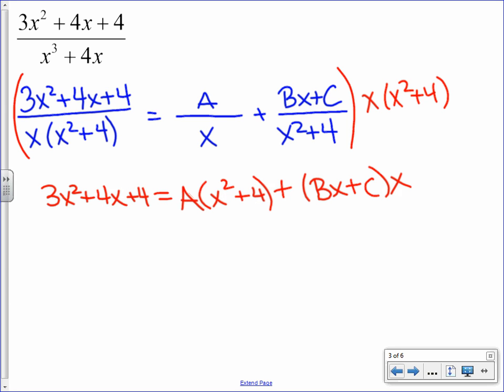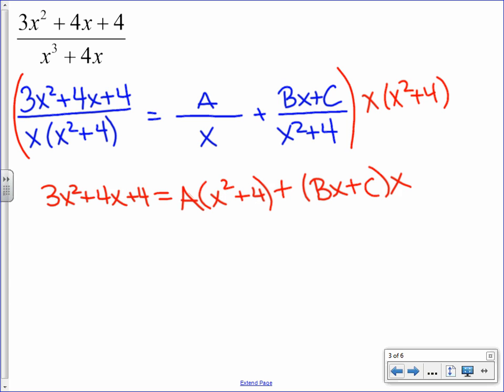No. And even if we plug in a random number, like we did in that first example, if we know a and we plug in a random number, we're still going to not know 2 different variables. One equation with 2 variables, is that helpful? No.